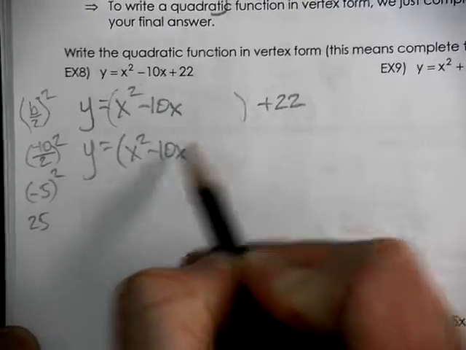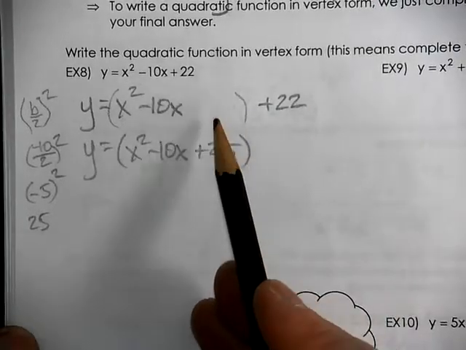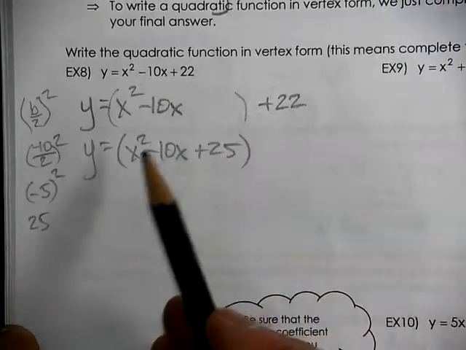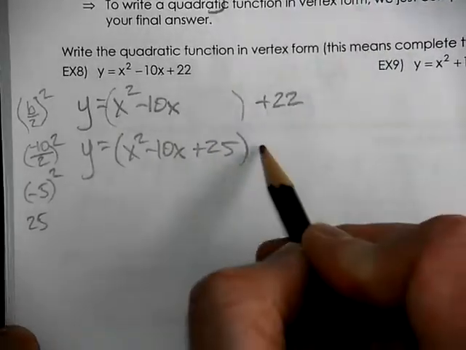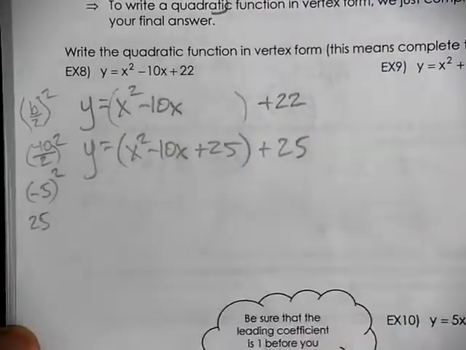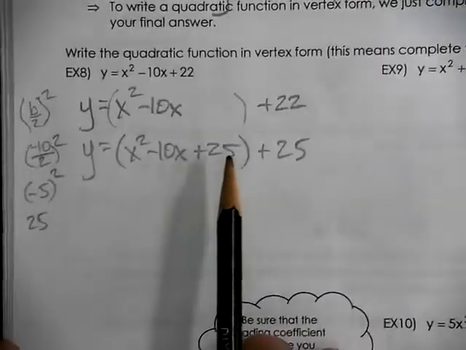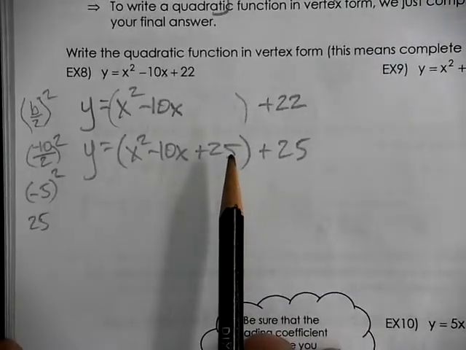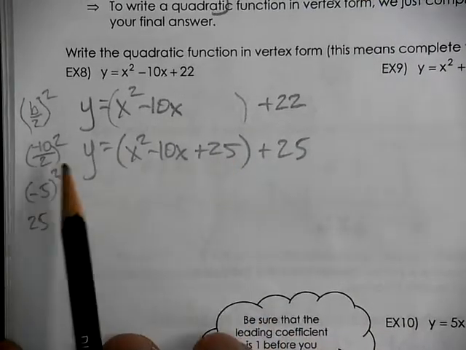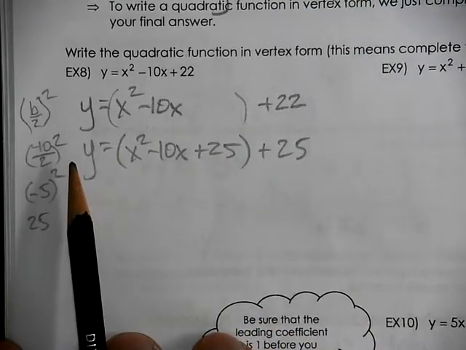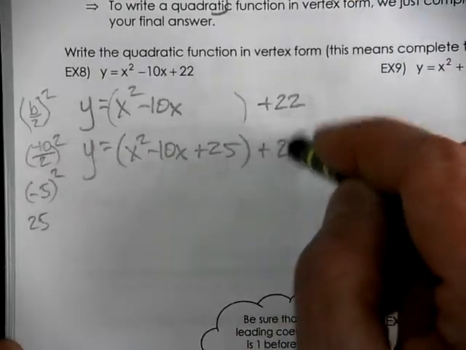I'm going to rewrite this just so we all notice that there's a step to move the 22 to the side, and then there's a step to write the 25 inside of the parentheses. Now I wrote a 25 inside here. We would have to also add it to the other side of the equal sign to keep it balanced, but that's not where this, oops, sorry, that's not a 25.